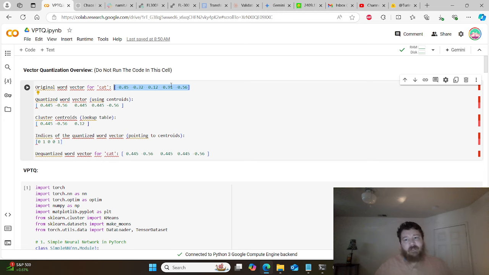Step two is that we use a different machine learning algorithm. We use k-means clustering to find the center of these word vectors that are created. So in this instance of cat, there's associated words with cat, right? It would be the characteristics that make up cat, like feline, the species that it is, the colors, whiskers, things like that.